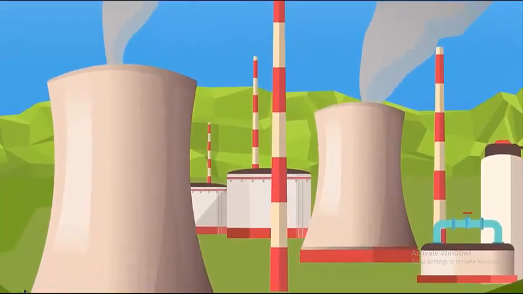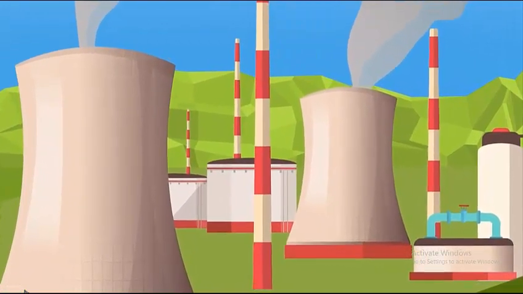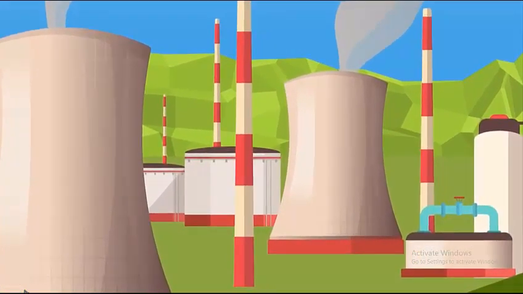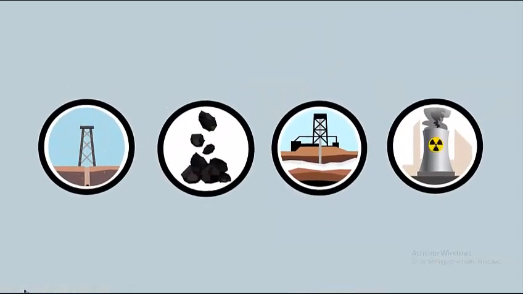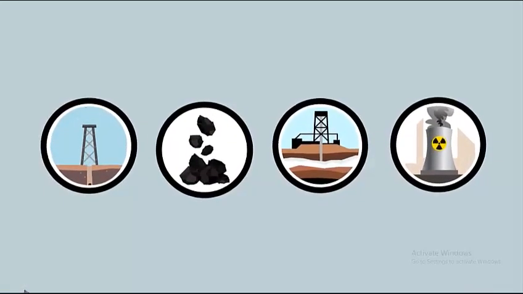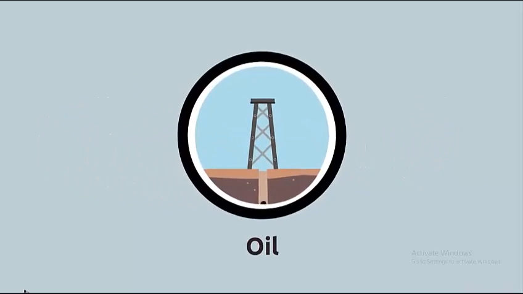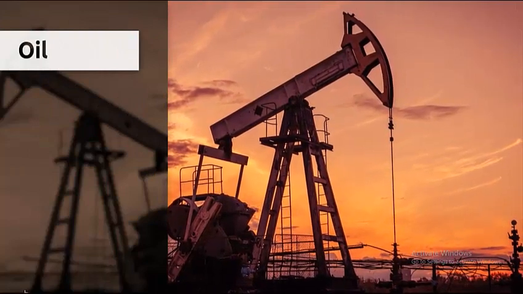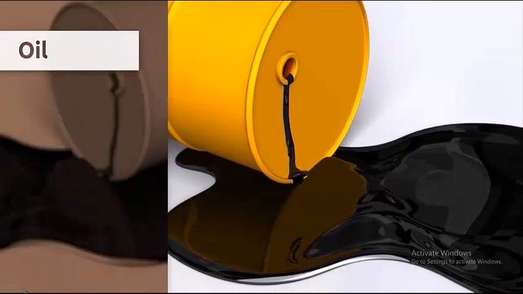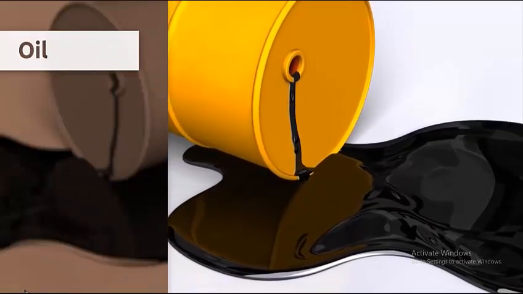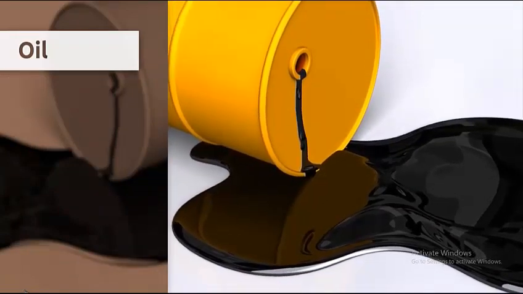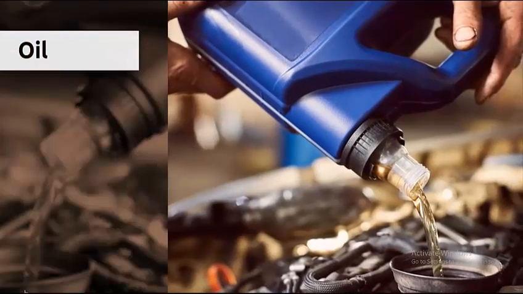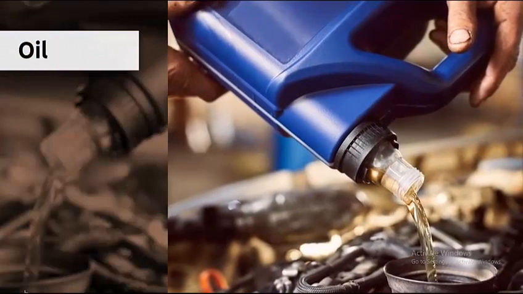In nature, there are limited resources of this type of energy. That's why they may run out with use. These are some of the most well-known non-renewable energy sources. Oil is found under the Earth's surface. It's a liquid substance formed by a mixture of hydrocarbons. Oil has a strong smell and dark color. Oil is used to produce fuels like gasoline or gas oil, which we use to power the engines of vehicles.